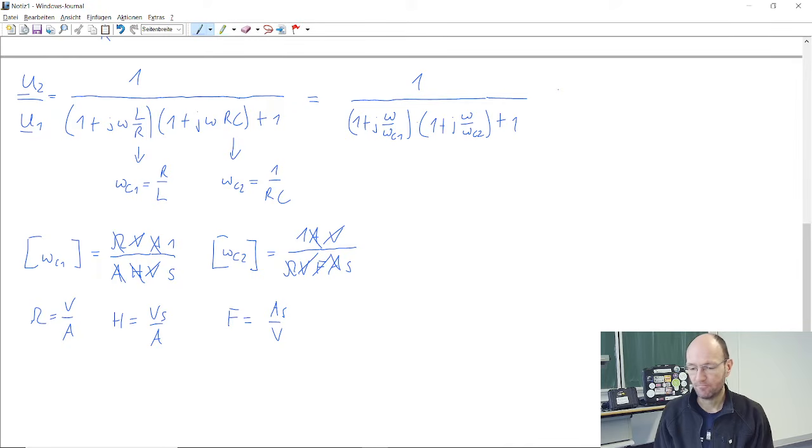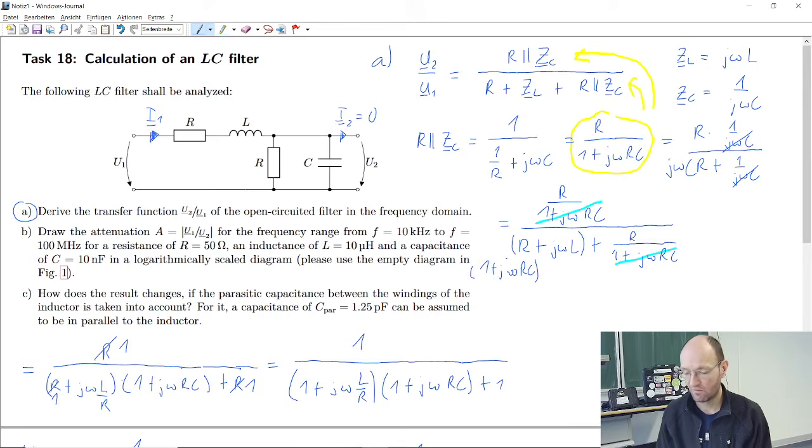Okay. So then we can maybe go back to the task, because I would say this is now what we have fulfilled. We have derived this transfer function here for the open circuit filter in the frequency domain, and we've introduced 2 corner frequencies.